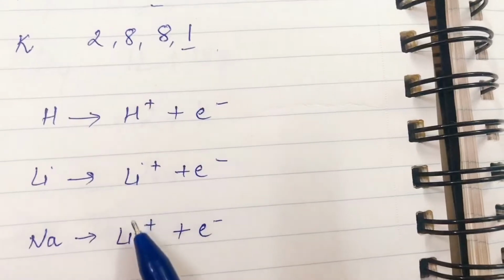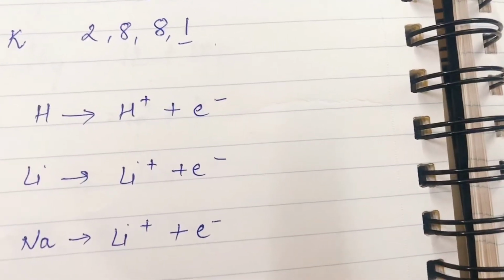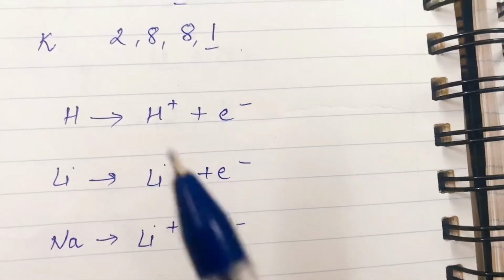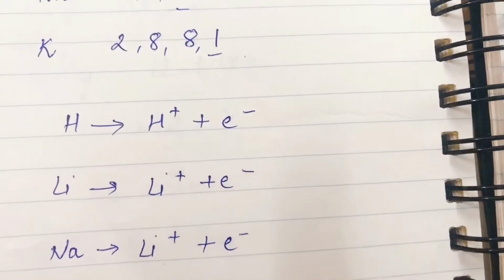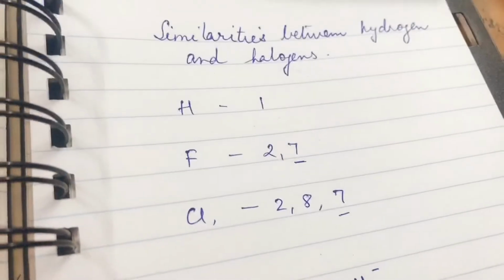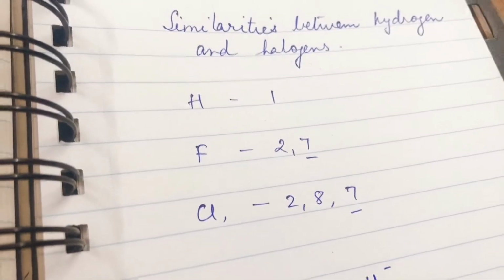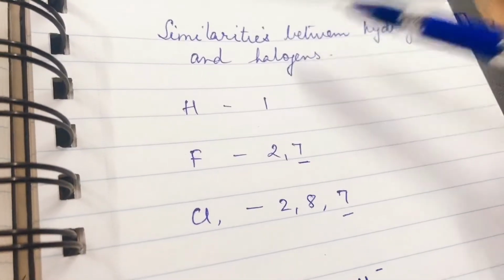And they form different kinds of compounds. So this is the similarity with alkalis, right students? Just like alkalis, hydrogen behaves the same way.